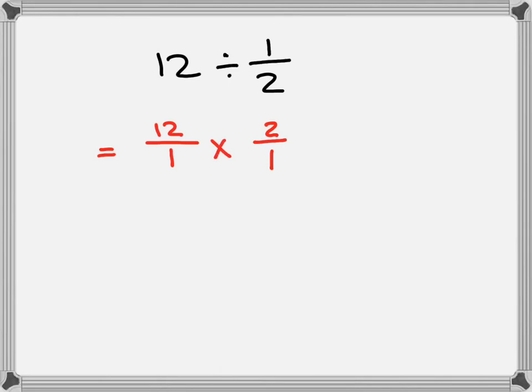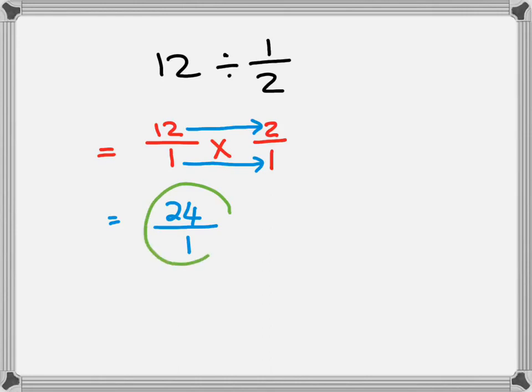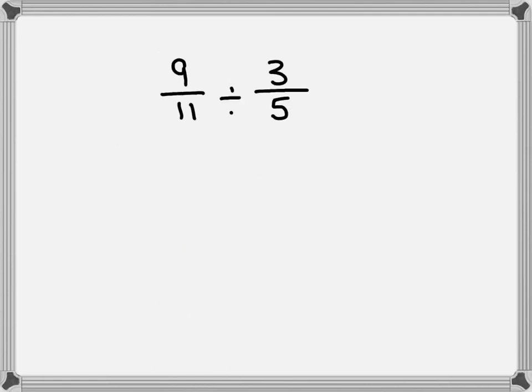Okay, there's nothing that can cancel out, so let us just times it out. 12 times 2, we know from our times tables, is 24. And 1 times 1 is 1. And then we know also that anything written over 1 is the whole number itself. So we're going to simplify this down to just an answer of 24. Okay, next one.